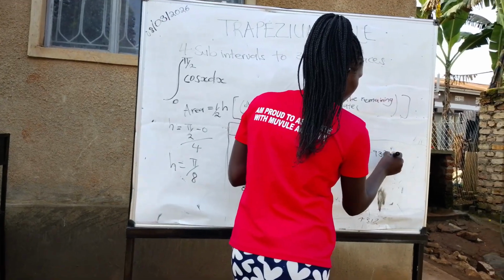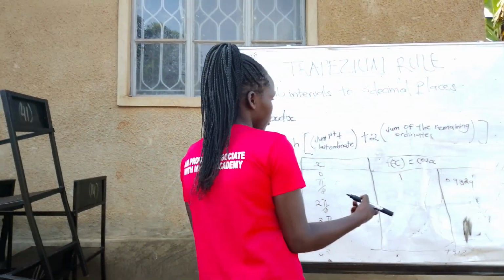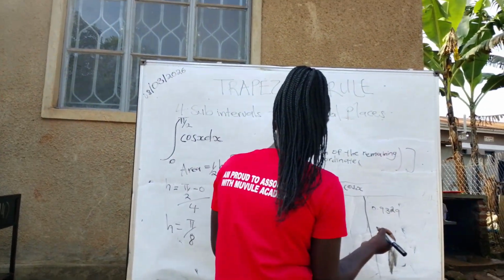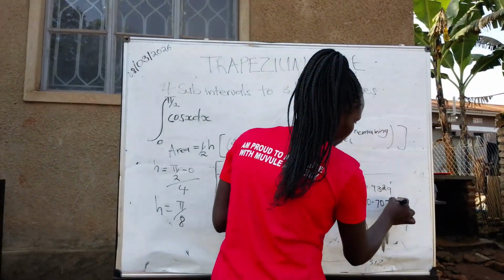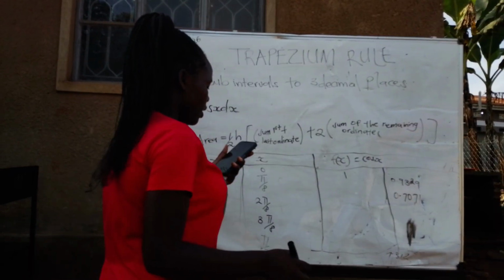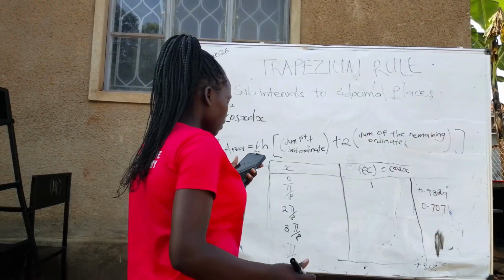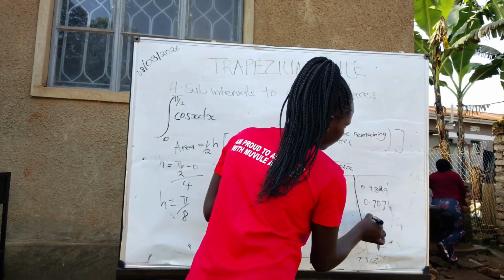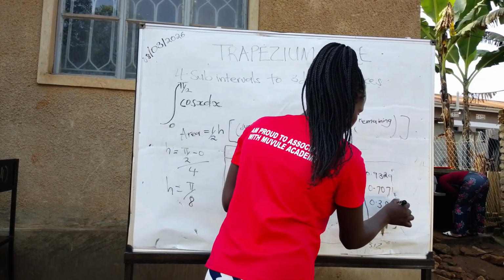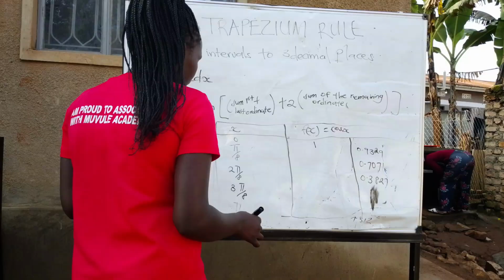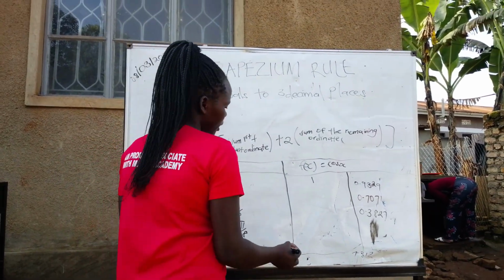Then the third one is cos 2 pi over 8, which is 0.7071. The fourth one is cos 3 pi over 8, which is 0.383. And the last one is cos pi over 2, which is 0.000.